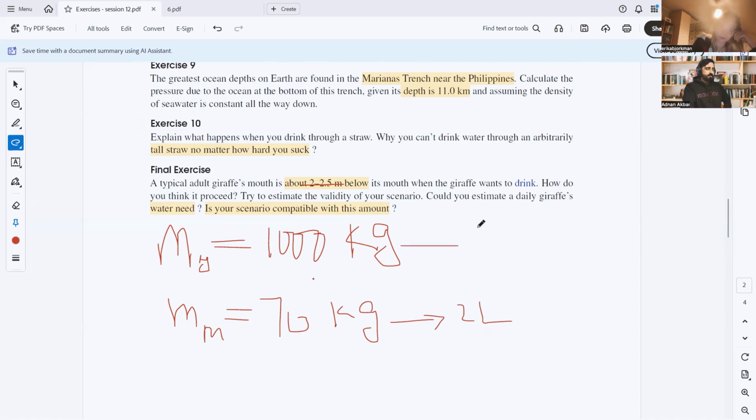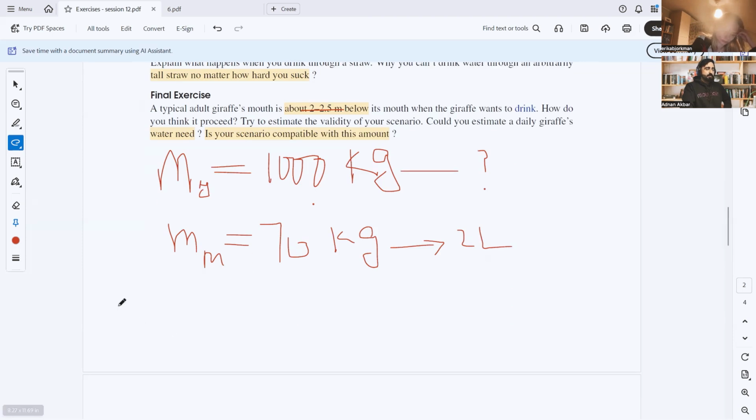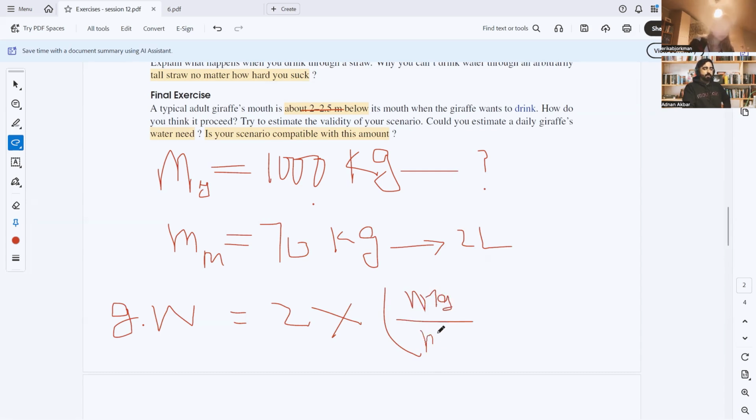We need to estimate the water for the giraffe. So giraffe water, shortly I'm writing GW, is equal to 2 multiplied by the ratio of their masses, mass of giraffe divided by mass of man, raised to the power 3/4.